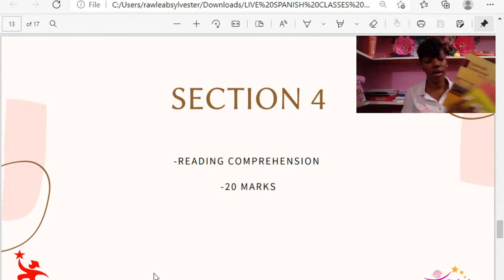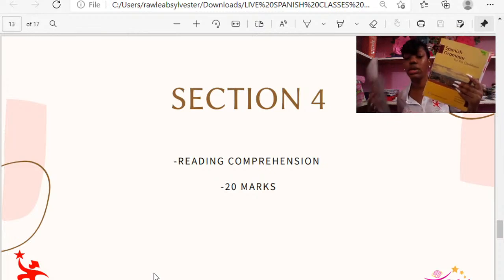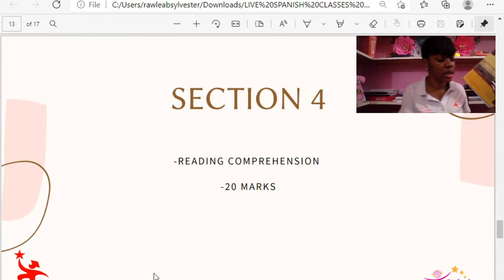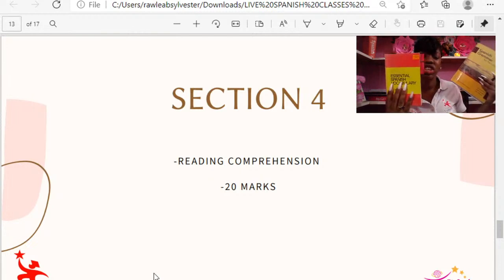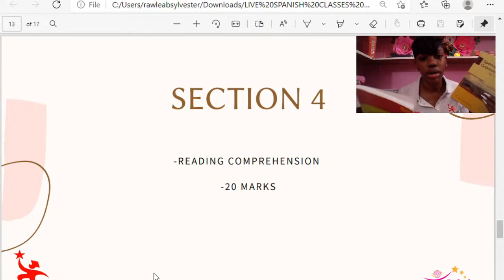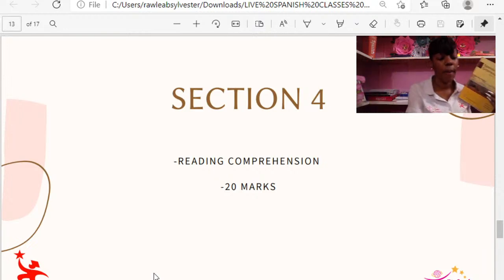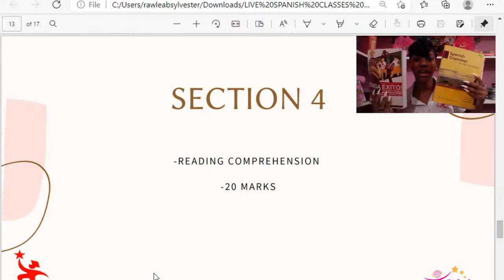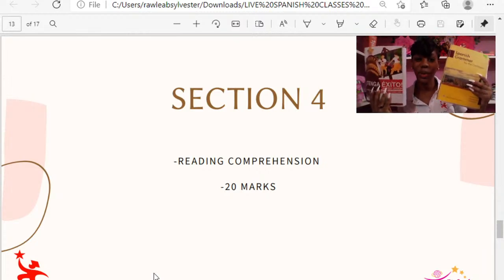Now, if you have this book plus this book, you'll be fine, right? This extra book here is just like a booster for your vocabulary. Why I say extra is because these two books have vocabulary sections in them as well.